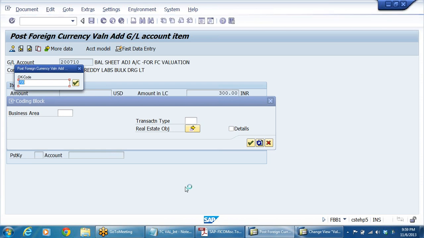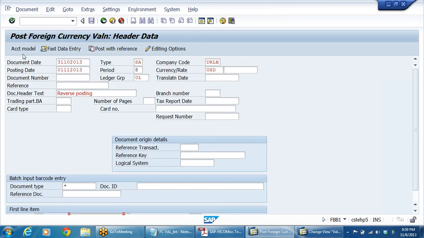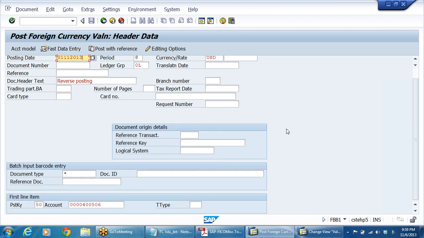The second entry should be the reversal, on 1st of November. So here, document date, posting date. See here, document date is 31/10/2013. Posting date is going to be 1/11/2013. Right? On 1/11/2013 I want this.